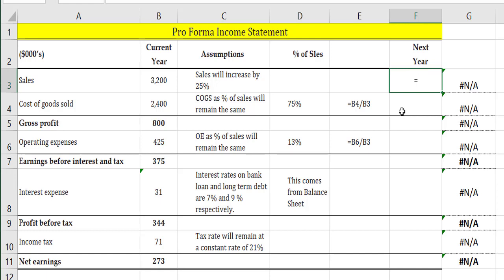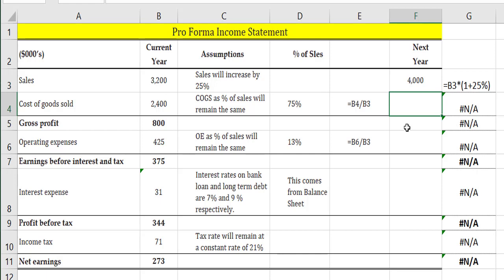Therefore, next year's value is going to be current year value times 1 plus 25%, because sales is increasing by 25%. So if you do this, it gives us how much sales will be next year. Once you know the sales and what percent of current year sales goes towards cost, now we can compute the cost of goods sold for next year.